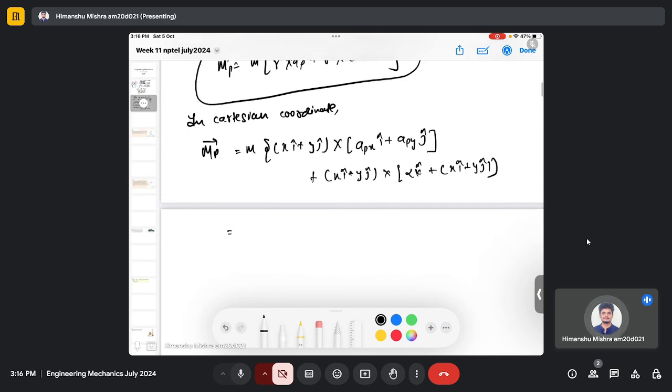So on solving this, you will get minus y apx plus x apy plus alpha x square plus alpha y square. So x square plus y square is r square, so alpha r square.